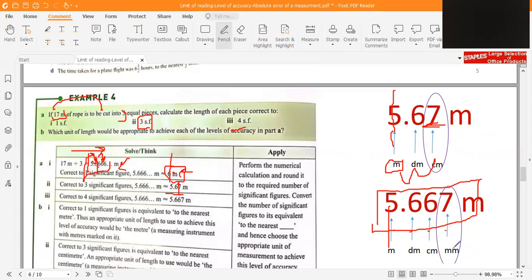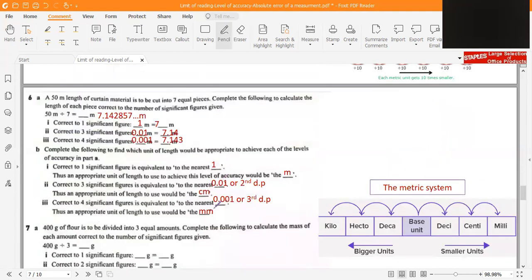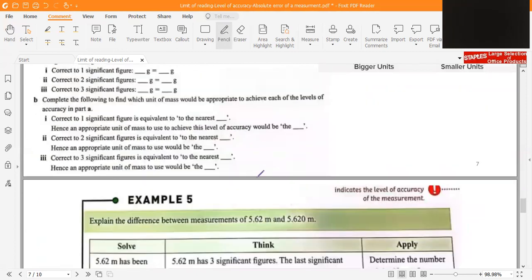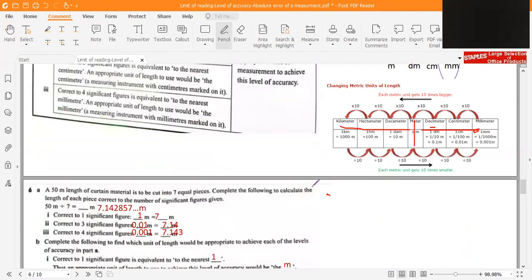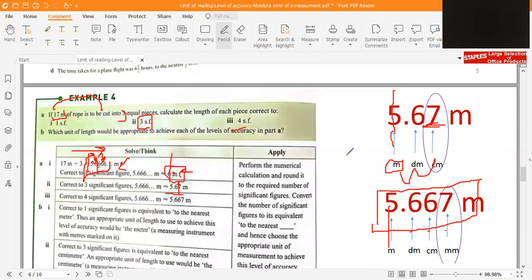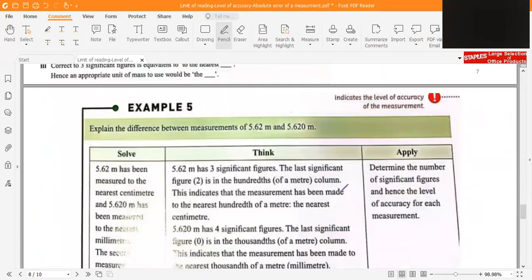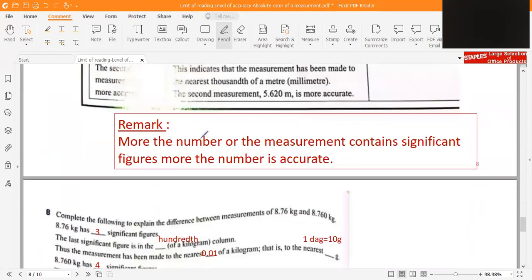So millimeter is the appropriate unit of length. We can also solve exercises 6 and 7 easily, because they are based on the same idea as example 4.